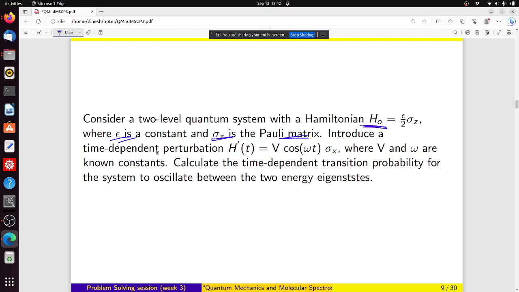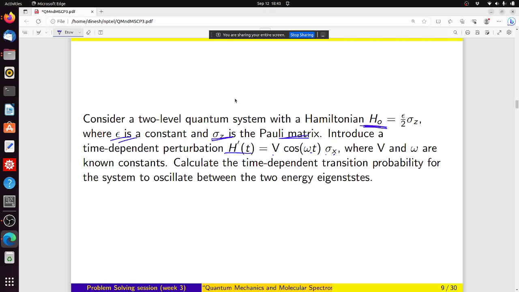Introducing a time dependent perturbation H prime equals V cos omega t sigma x, where V and omega are constants, calculate the time dependent transition probability for the system to oscillate between two energy eigenstates.